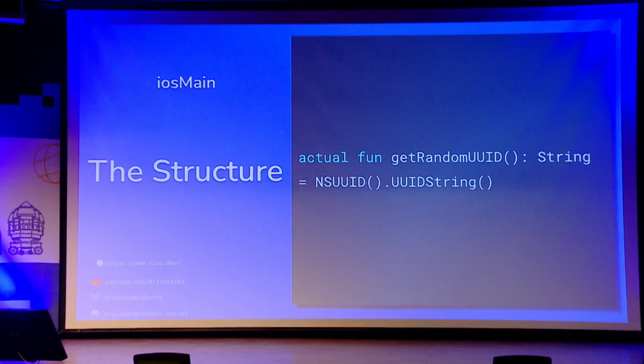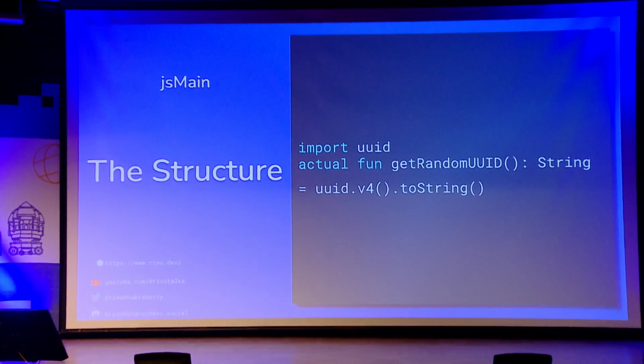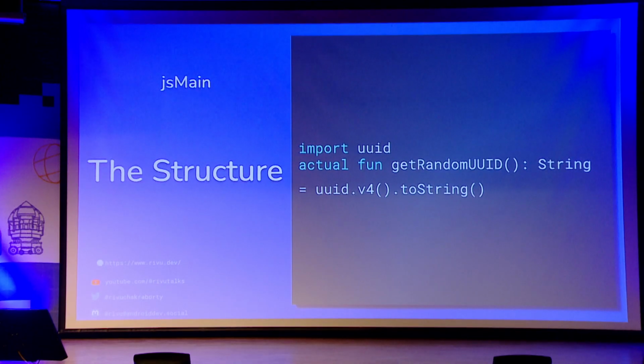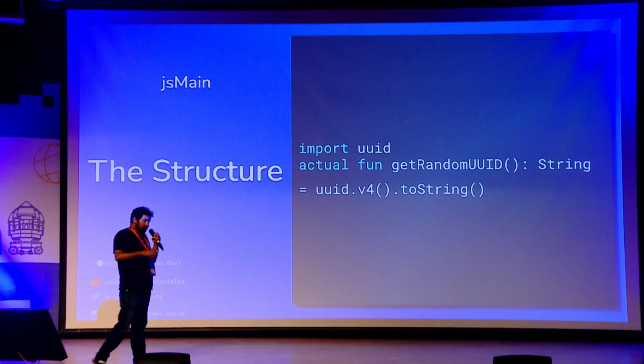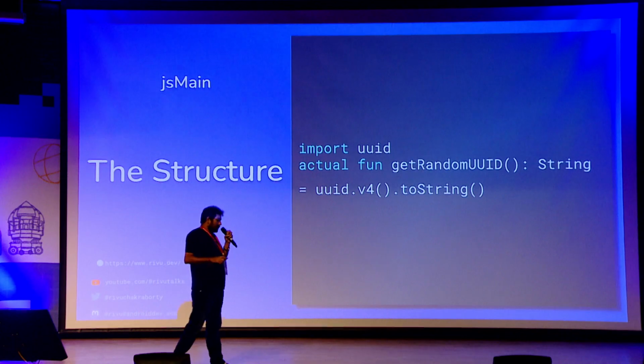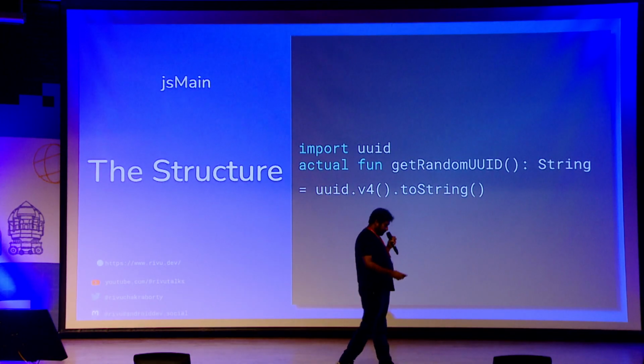I already told you that, NSUUID. And here's the JavaScript implementation. So there's an NPM package called uuid, version 9 I'm using. I have added that NPM dependency, and then I am calling that particular function.